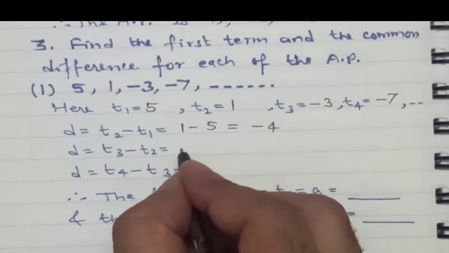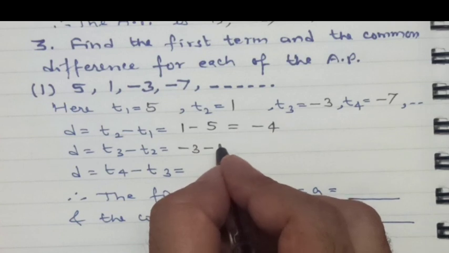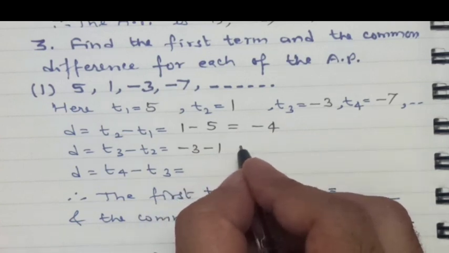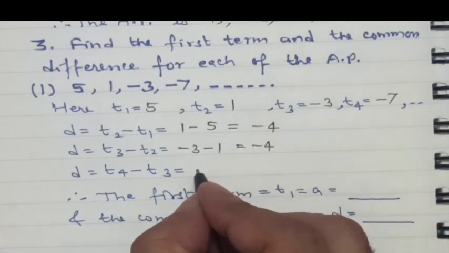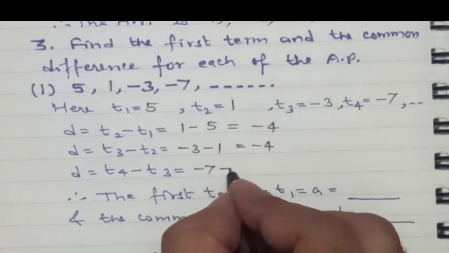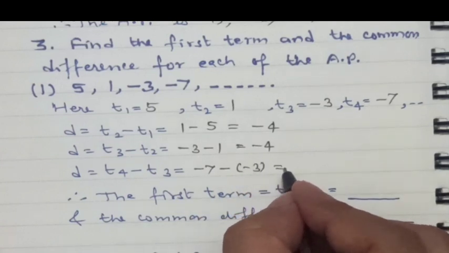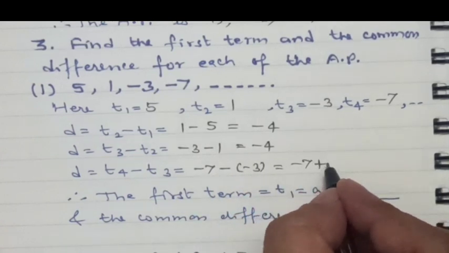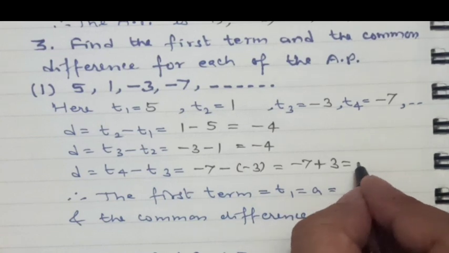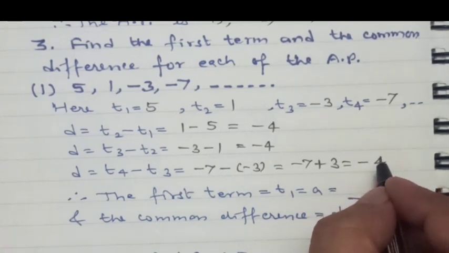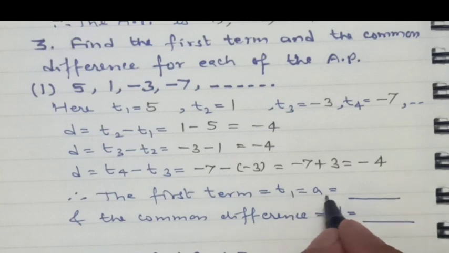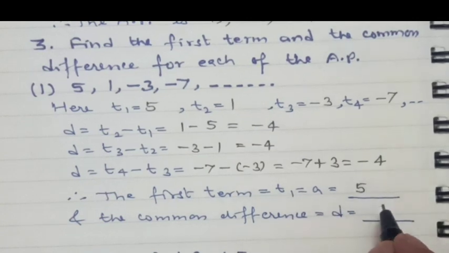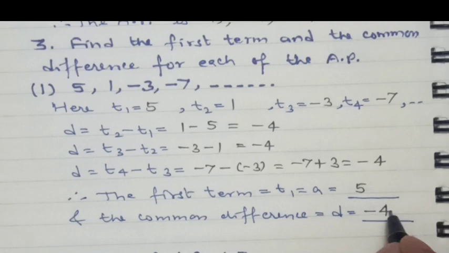Same way T3 is -3 and T2 is 1, so -3 minus 1 is -4. Same way T4 minus T3, that is -7 minus (-3) will give you -7 plus 3 is equal to -4. Everywhere the difference is same, so you can write the first term, which is A is equal to 5, and common difference is -4.